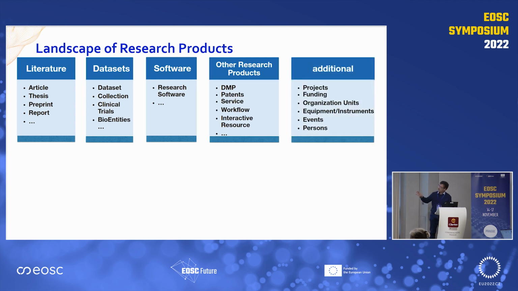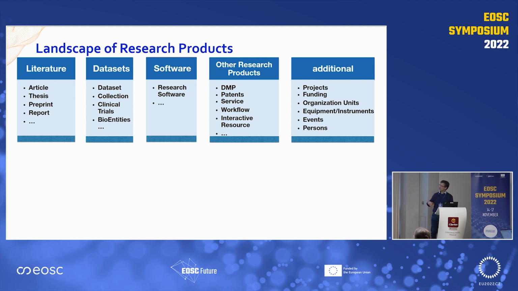We have literature, data sets, software, other research products, and additional things. You see here the different types of resource types that we have in this landscape, and we discover these in a periodical way.